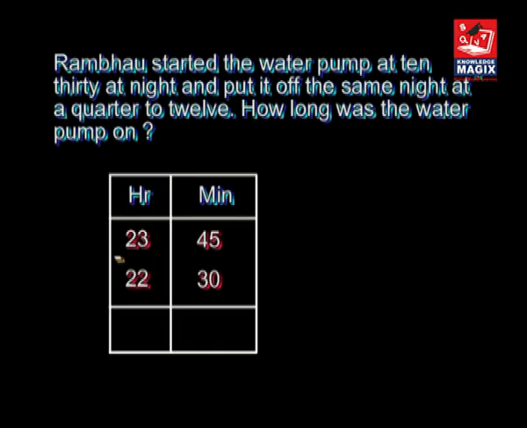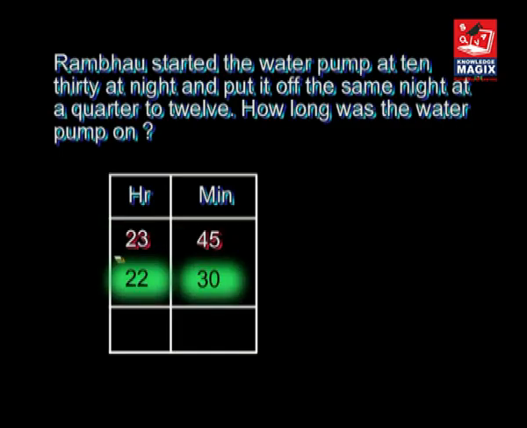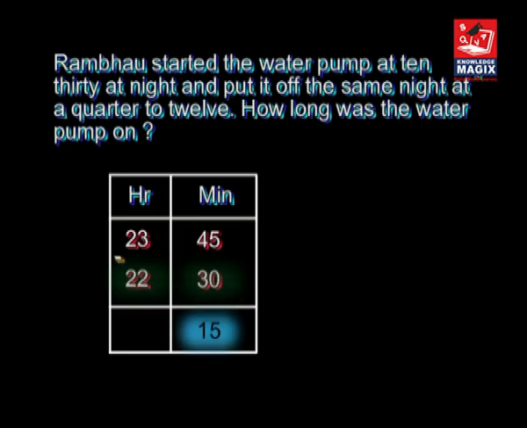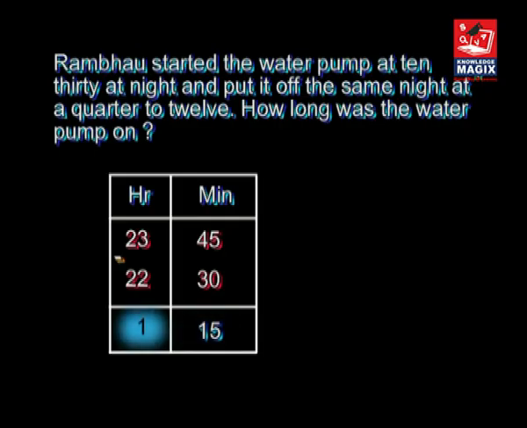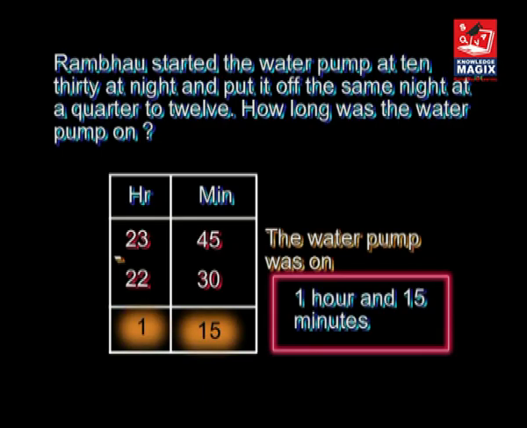So we'll make the subtraction: 23 hours 45 minutes minus 22 hours 30 minutes. The subtraction of minutes is 15 and subtraction of hours is 1. So the answer is 1 hour 15 minutes. That means the water pump was on for 1 hour and 15 minutes.